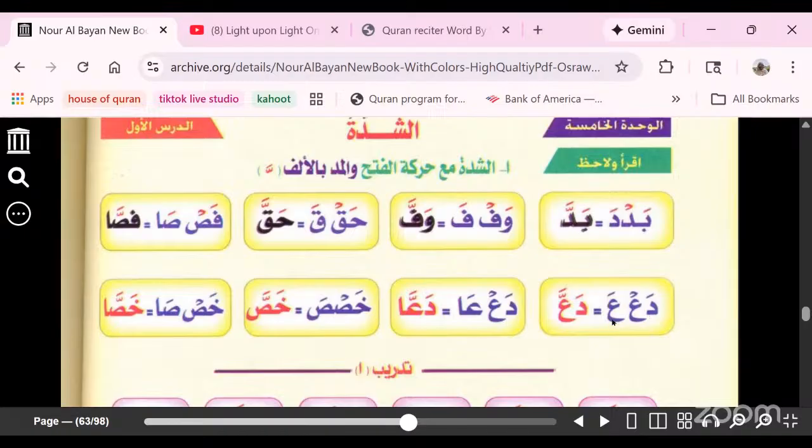Then you connect it to the second letter. You freeze on the sukun part and then you connect it to the haraka part. So that one will be da. All right.